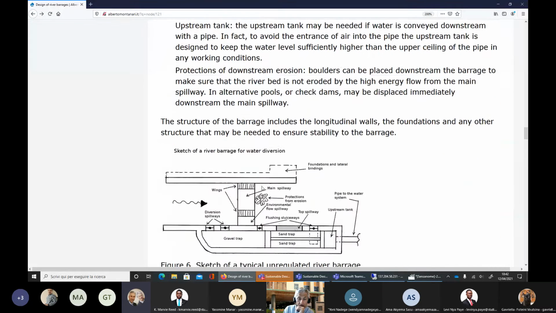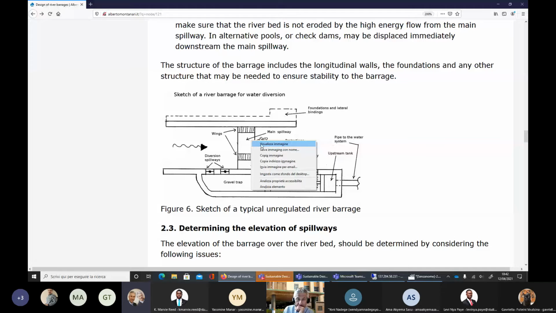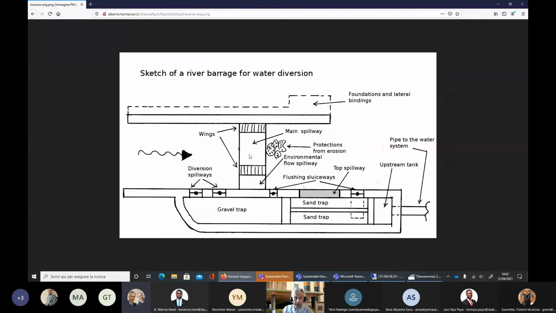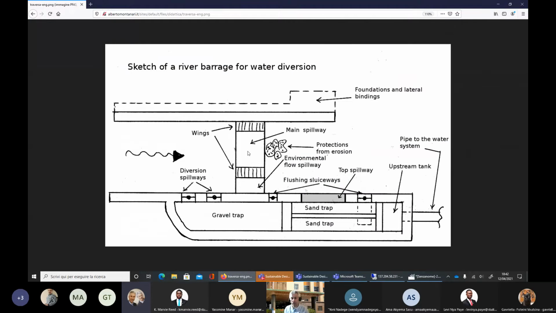Now, let me refer to this sketch to discuss the overall structure of a river barrage. First of all, this is just an example. There are several structures that can be used. This is a structure that is frequently used in mountain rivers because the structure is elongated in the longitudinal direction.